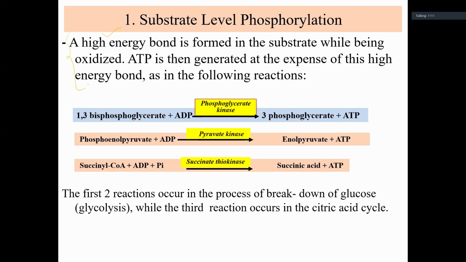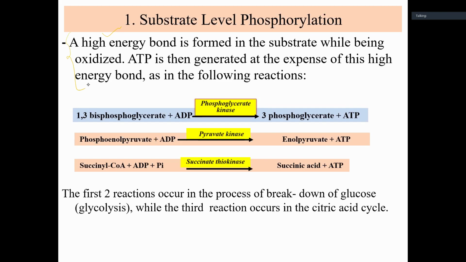In your own words, how would you explain it? Okay, there is an oxidation reaction with a high energy bond, and that is substrate level phosphorylation. That's what I understand. Excellent. Anybody else?